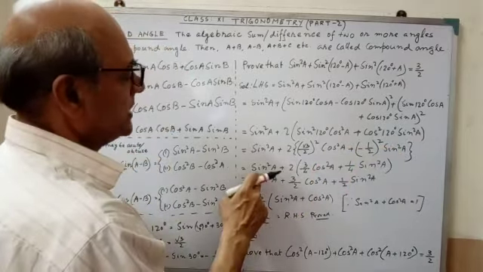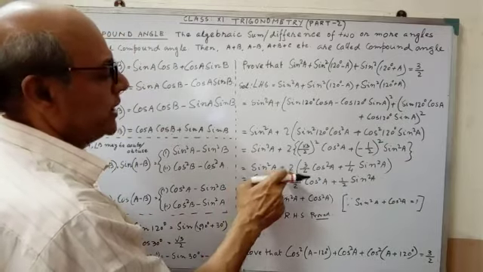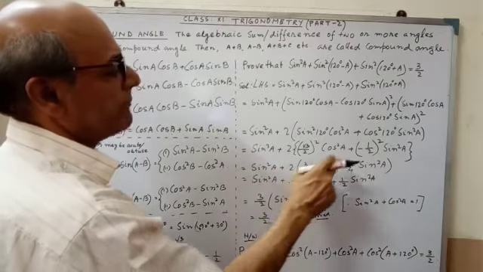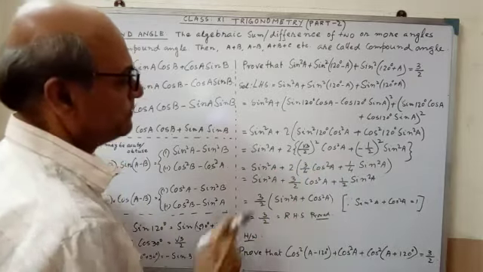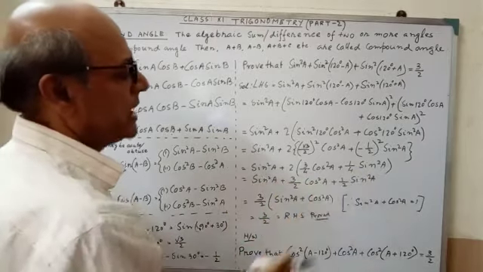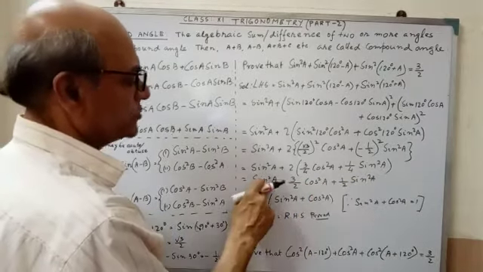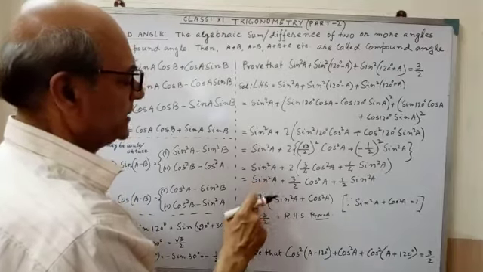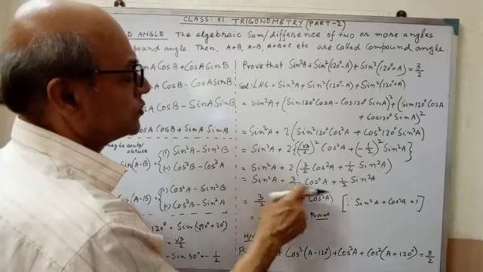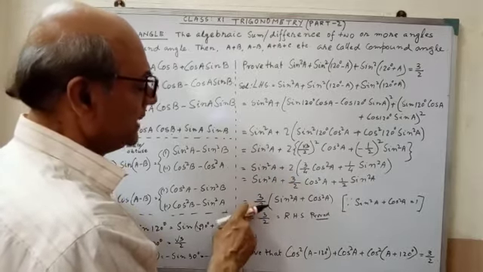After that we have to simplify. In simplification we are getting sine square A plus 2 into [3 by 4 cos square A plus 1 by 4 sine square A]. That is sine square A plus 3 by 2 cos square A plus half sine square A. By adding sine square A and half sine square A we are getting 3 by 2 sine square A, and here is 3 by 2 cos square A. So 3 by 2 will be common.